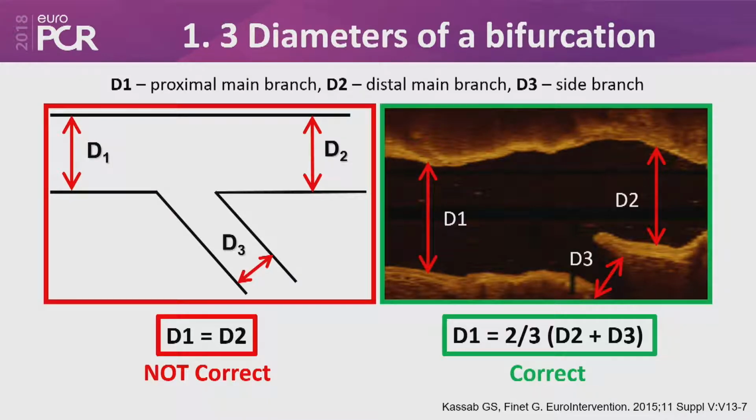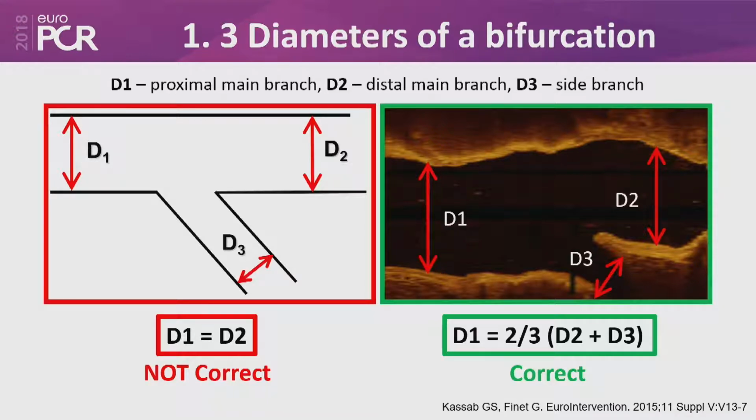And these 3 are different, and you see on the left-hand side of the slide, in green, the correct mathematical relationship between the 3 diameters of the bifurcation. The proximal main branch equals 2/3 of the sum of the distal main branch and the side branch. So 1 stent diameter versus 3 bifurcation diameters.